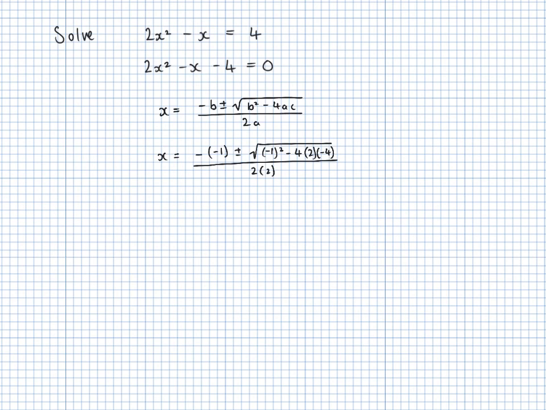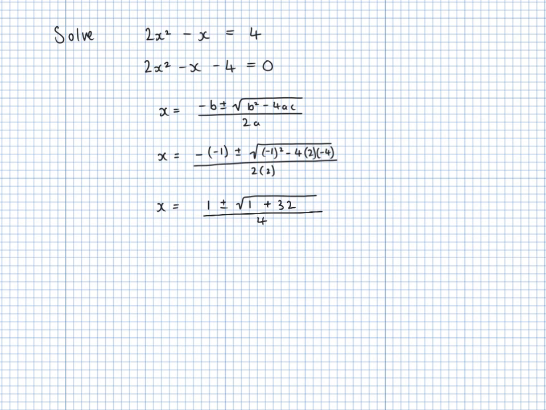So simplifying that, we will get x is equal to 1 plus or minus the square root of 1, and here we're going to get 4 times 2 times negative 4. That's going to give us 8, and 8 times negative 4 is negative 32. Taking away negative 32 is adding 32, so add 32 over 4.